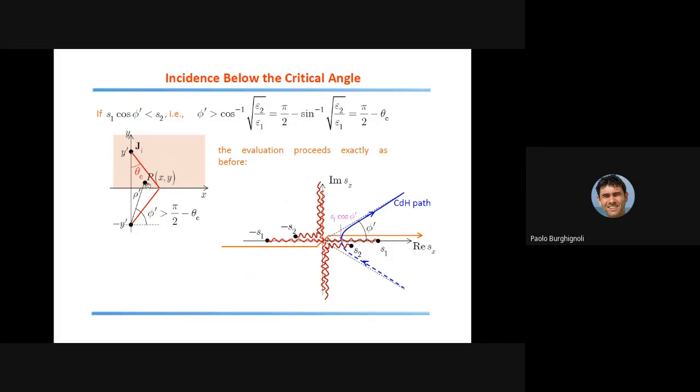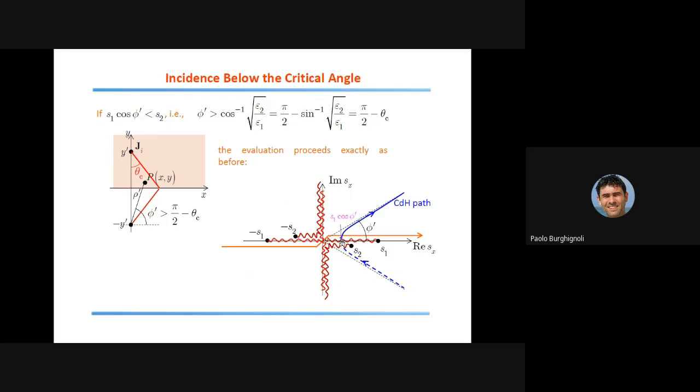If your observation point is like in this figure, then the angle phi prime will be larger than the complement of the critical angle. In turn, this means that the apex of the hyperbola, the point S1 cosine phi prime here, will be located on the left of S2. So everything proceeds as we have already discussed.